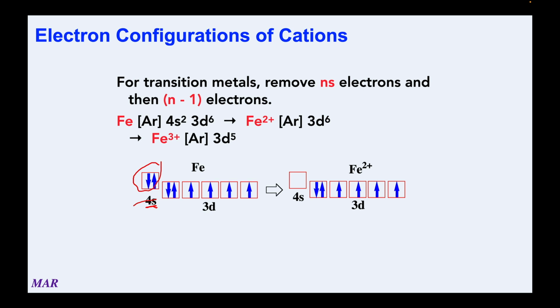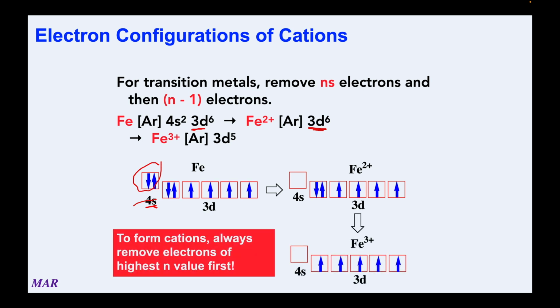So iron plus 2 still has 3d6. Those electrons haven't changed. And why that's kind of weird is that the 3d6 were the last electrons in, if you fill them in that way, but they're not necessarily the last electrons out, because 4 is higher than 3. 4s electrons come out before 3d. Now, if you make iron plus 3, then you start whittling away at the 3d electrons.